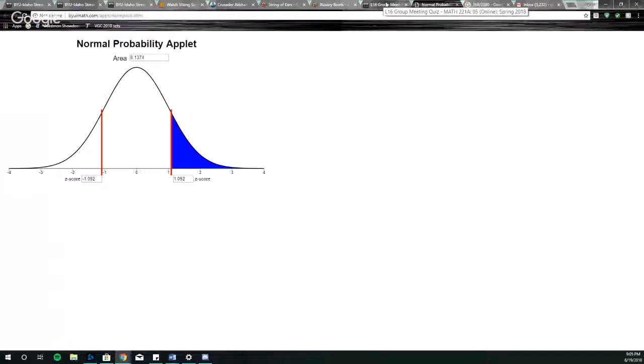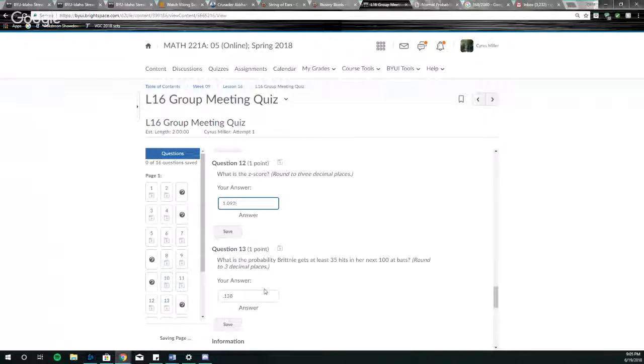They're probably wrong because my z-score was different. So 0.1374. Yeah, 0.1374. So I got slightly different, but okay, let me see. So it's 1.092. I have it here.